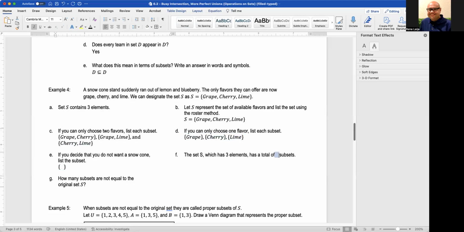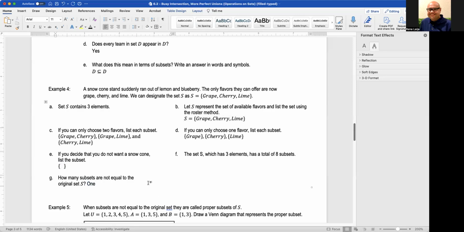I think I accidentally typed in 7, and it should be 8. So how many subsets are not equal to the original set? And which one would not be equal to the original set? If it's equal, it has to have the elements in the original set. This one doesn't have anything in it. So that means there's only one that's not equal to the original set.